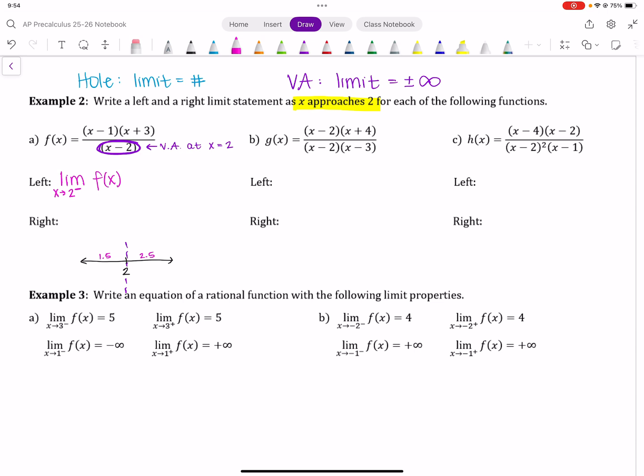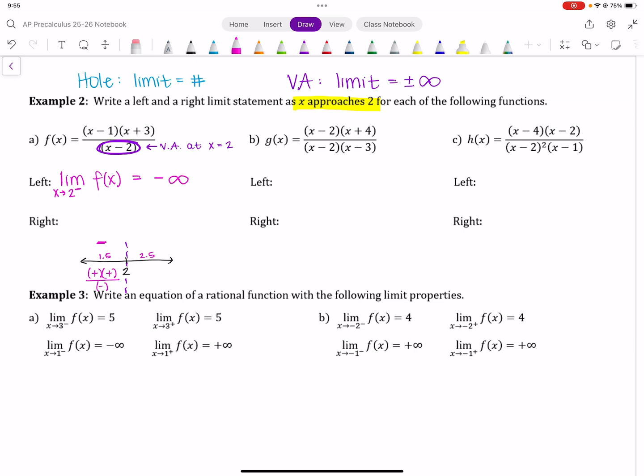If we check 1.5, 1.5 minus 1 will be a positive number. 1.5 plus 3 is positive. 1.5 minus 2 is negative. So the left side is negative, which means our left limit is going to negative infinity.